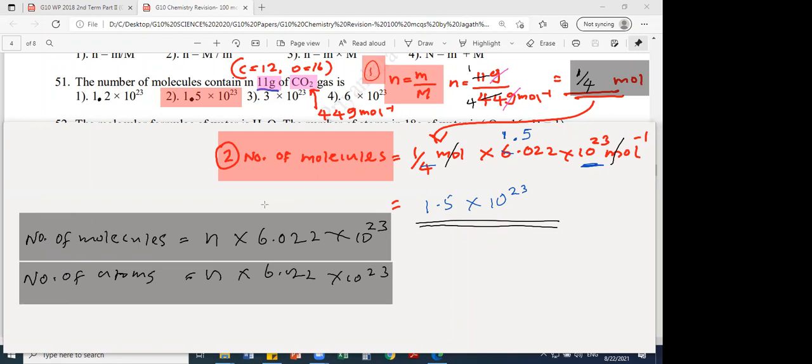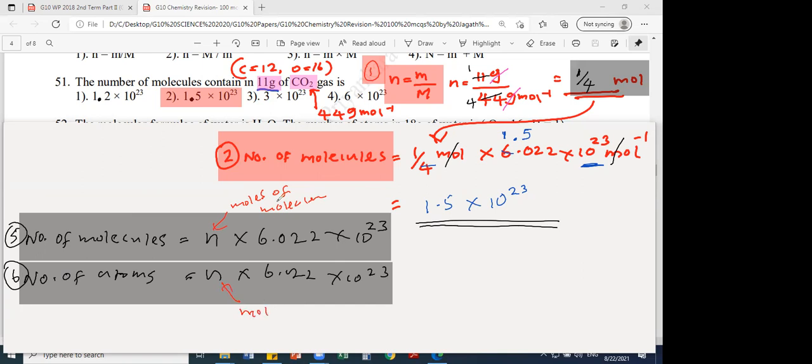Now you have altogether 6 equations. Earlier I gave 4 equations to calculate moles, including the grade 11 equation. Now with these two, you have 6 equations altogether. This is number 5 and this is number 6. What is the only difference here? Here you had to write moles of molecules. This one is moles of atoms.